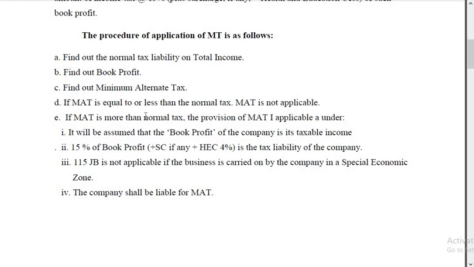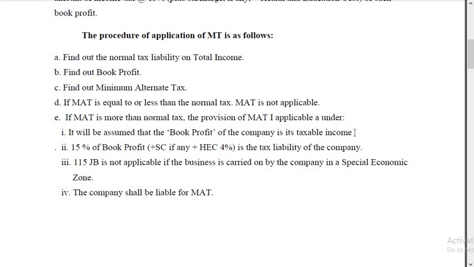If MAT is more than the normal tax, the provision of MAT is applicable as under. It will be assumed that the book profit of the company is its taxable income. So if MAT is applicable, then book profit is taken as the total income or taxable income.